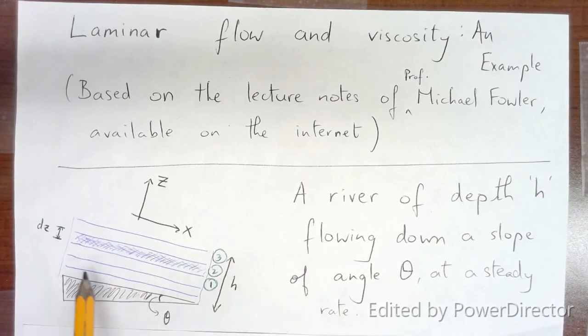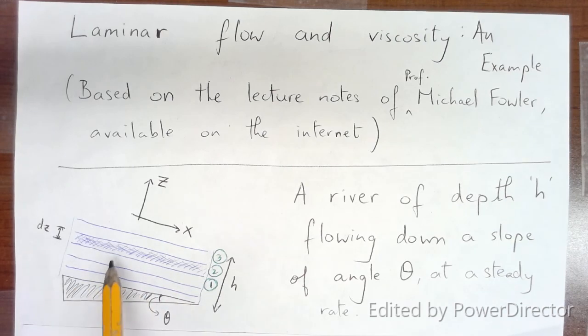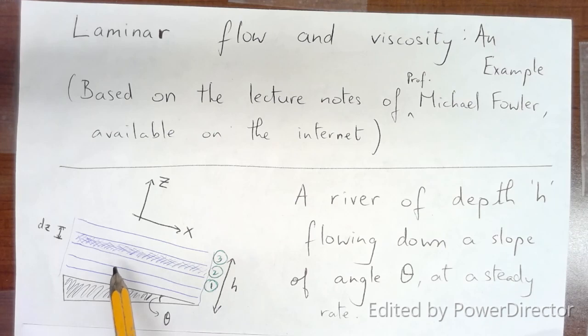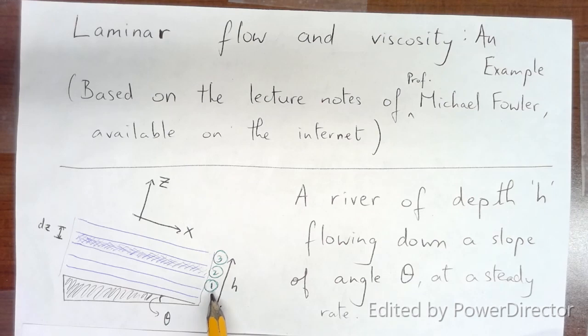We are also going to divide this river into several layers, and we're assuming that this is in the regime of laminar flow, so these layers don't really mix all that much, and each layer has a thickness dz. For ease of reference, I've labeled 3 of the layers, so we have 1, 2, and 3. We're mostly going to be focusing on layer 2.